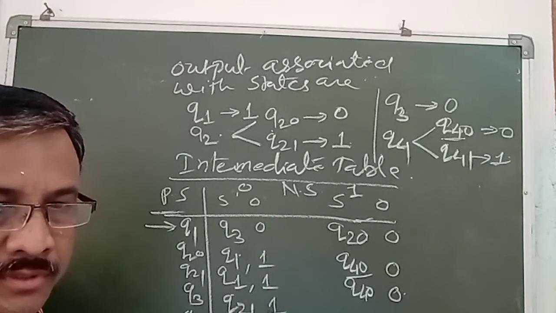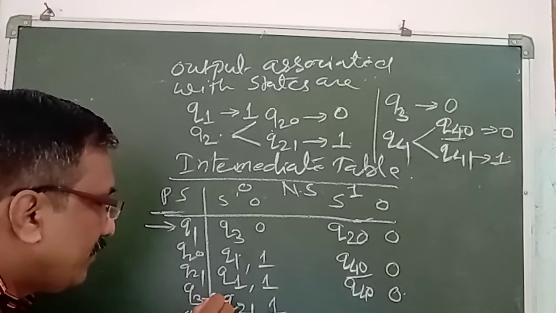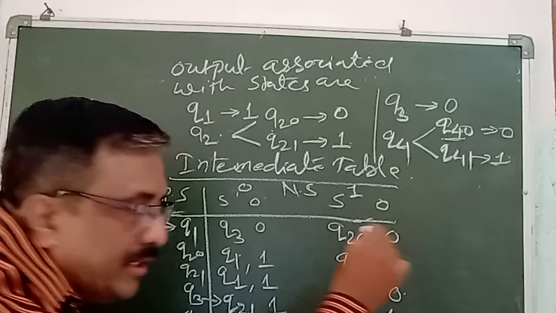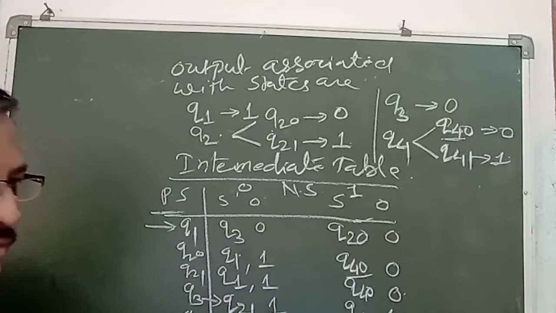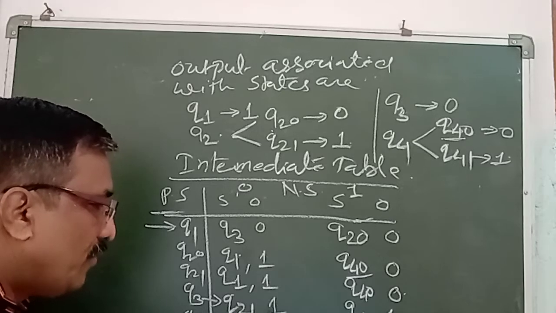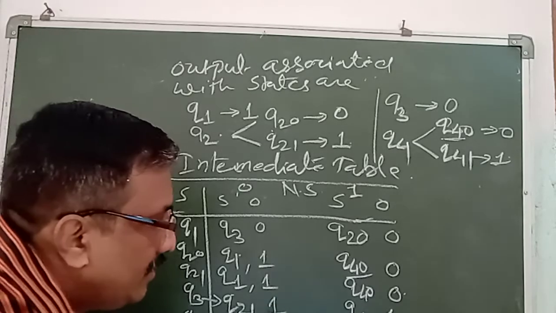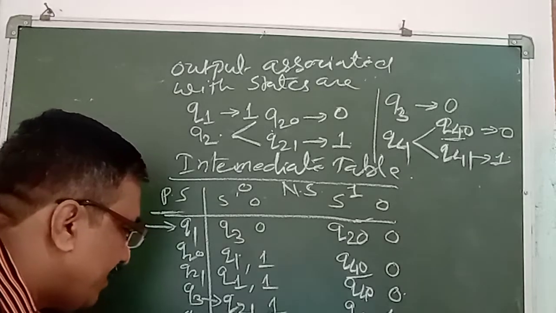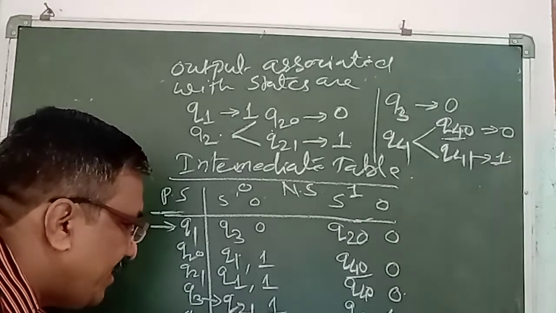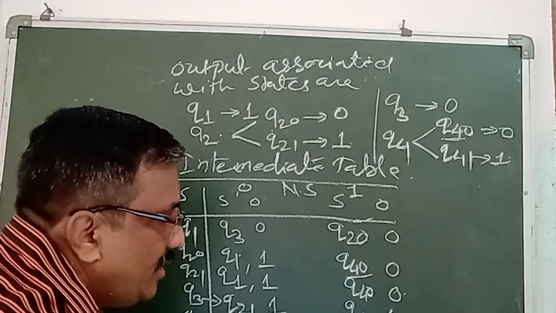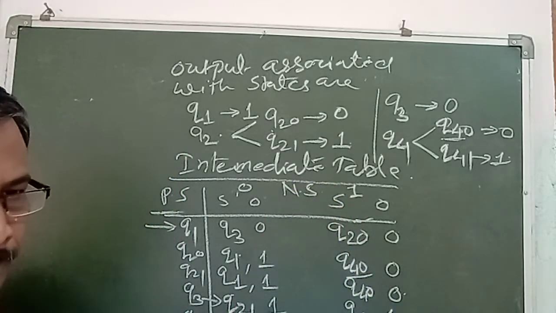And for input 1 it is Q1 1. And for Q4 0, next state transition is Q4 1 and Q3 0. And for these transitions we copy as it is Q4 1 1 and Q3 0 0.